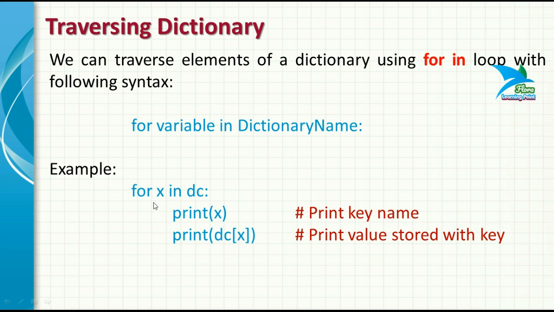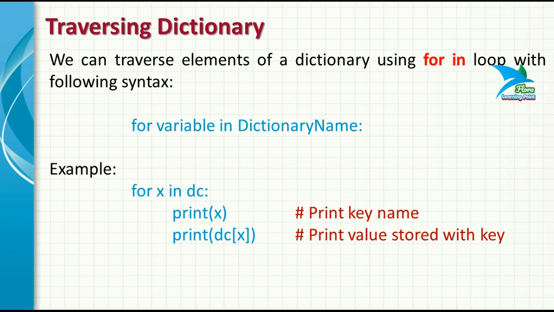In the case of this for loop, if you print the value of the loop variable, that is x, then it will print the key name of the dictionary. As we know, inside a dictionary we can store elements with named keys, and if you print the value of this variable, you will be able to print the name of that particular key.